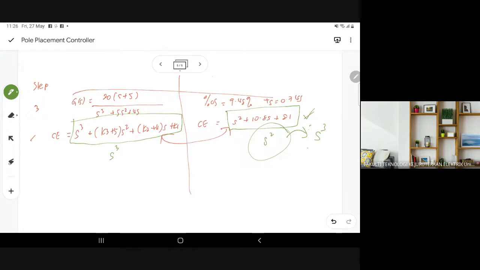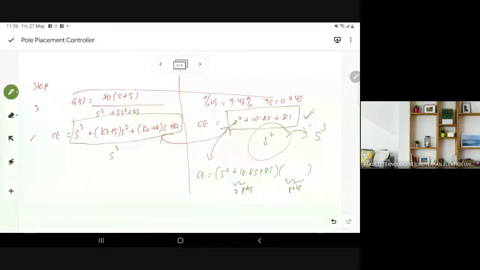So how do we want to do that? We just take the second order characteristic equation here, s squared plus 10.8s plus 81. We need to multiply it with another pole, because second order has two poles. So we need to add another pole to this characteristic equation in order to do the comparison. So what is the pole location?